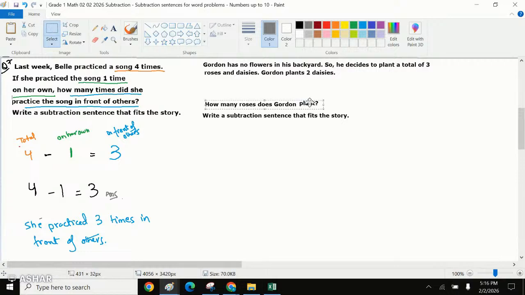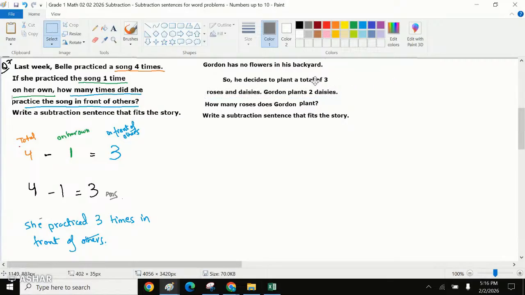These are roses and daisies. If this was the question given to us, I will change these numbers. He planted a total of 9.